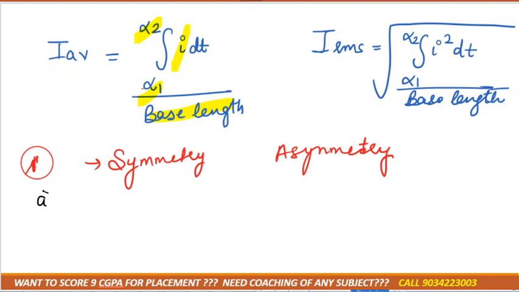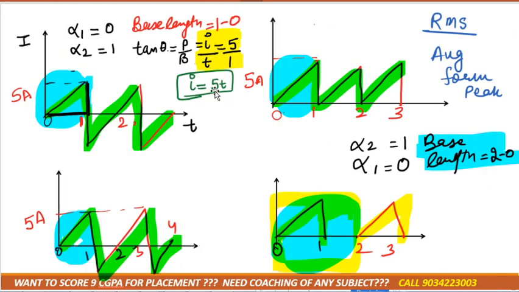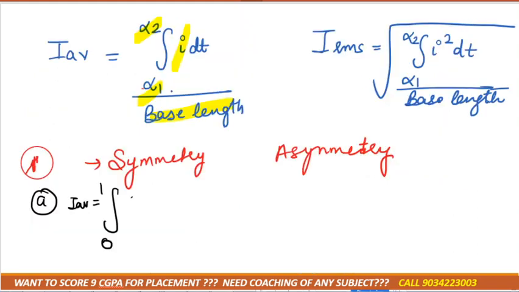So for the first waveform, if we want to calculate I average, it varies from 0 to 1. I is 5t, which we just calculated. That is the same for each and every case, because tan theta is I by t and I is 5 in each case. This one also is 5 ampere, and on the x-axis we get time. So I average is the integral of 5t dt divided by the base length, which is 1 minus 0. 5 is a constant, so we can take it outside.